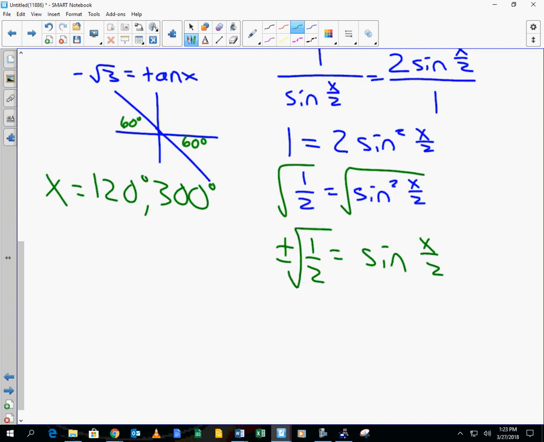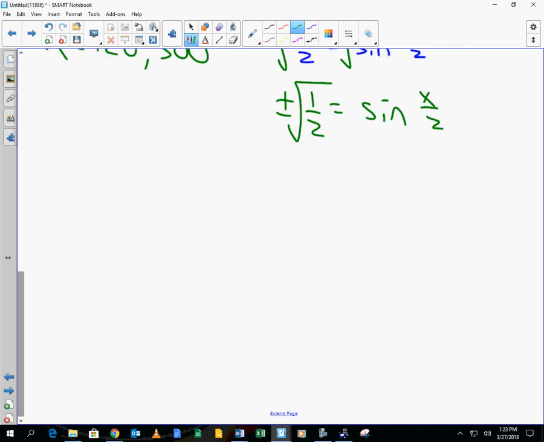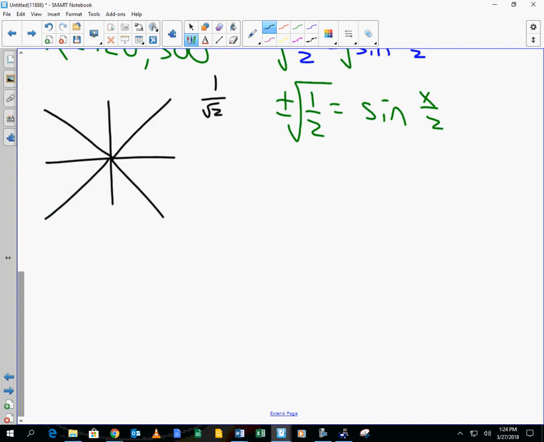So plus or minus the root of 1/2 is equal to sine of x over 2. Well, where's sine positive? Where is it negative? So the square root of 1/2, that's the same as 1 over the root of 2, right? It's the same as root of 2 over 2. Sine inverse. Where is sine equal to root of 2 over 2? 45.